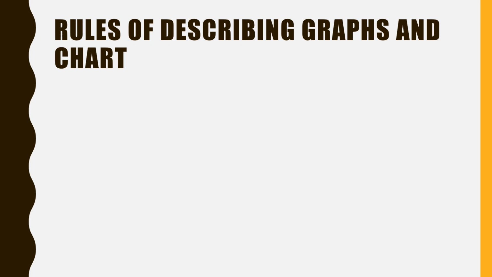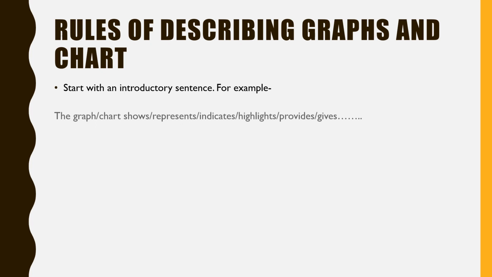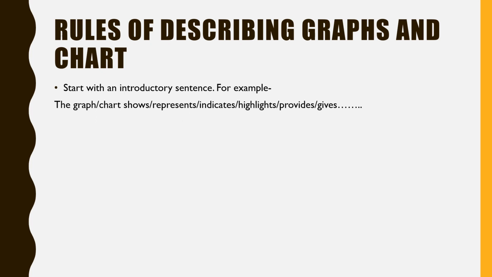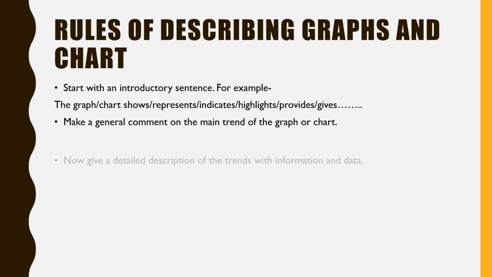There are some rules of describing the graphs and charts. First of all, you have to start with an introductory sentence. For example, the graph or the chart shows or represents or indicates or highlights or provides or gives, etc. Then you have to make a general comment on the main trend of the graph or chart.